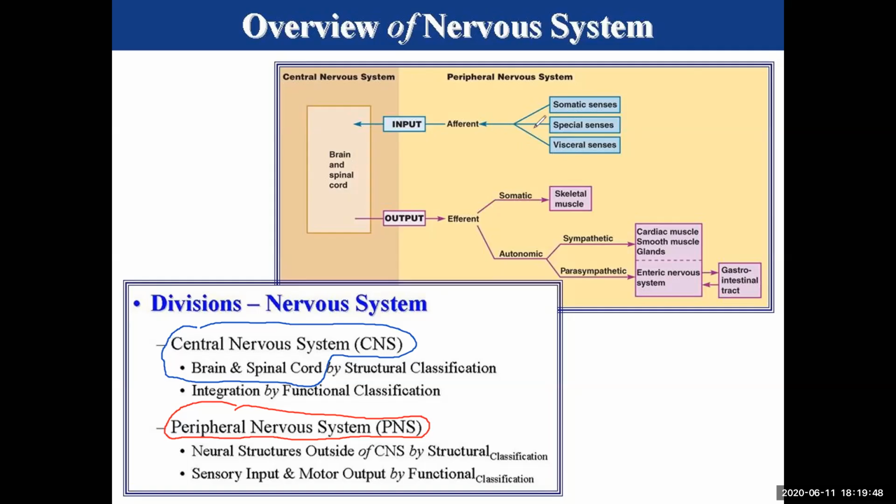Information that goes toward the central nervous system is called afferent, AFFERENT, sensory, or ascending.